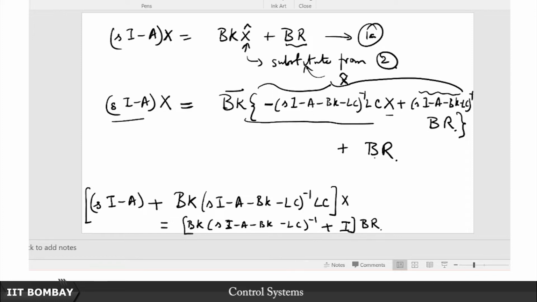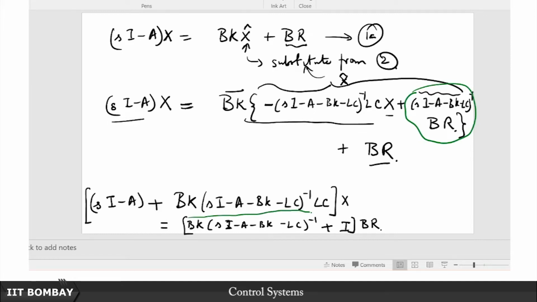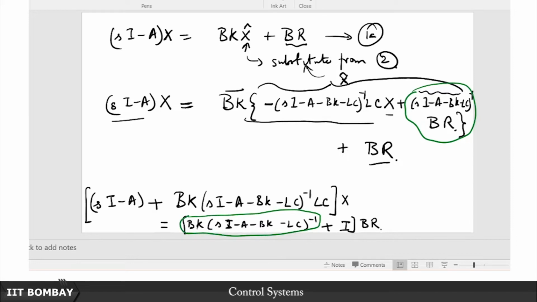This Br times I is just Br, and the second term is just this term that is descending here. Easy to see, although pretty messy to work with.